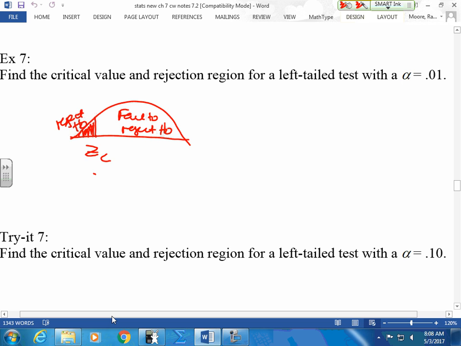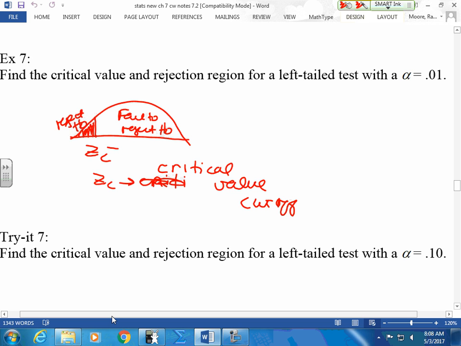I call it a z critical value. It is actually a cutoff point. Okay, should it be negative or positive? It should be negative. It's on my left-hand side, right?